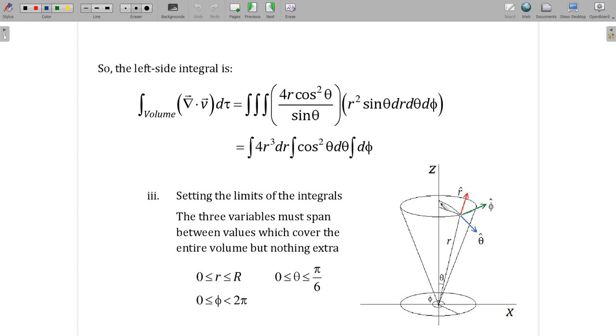So the limits between which small r can vary, if I have a flat top cone, which I don't have in the original problem, by the way, but if I had a flat top cone instead of an ice cream cone, the nature of that cone would dictate that to integrate over the entire volume of that flat top cone, R cannot vary between 0 and capital R for all values of theta and phi, right?